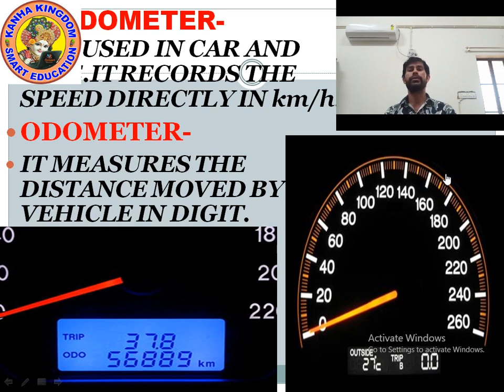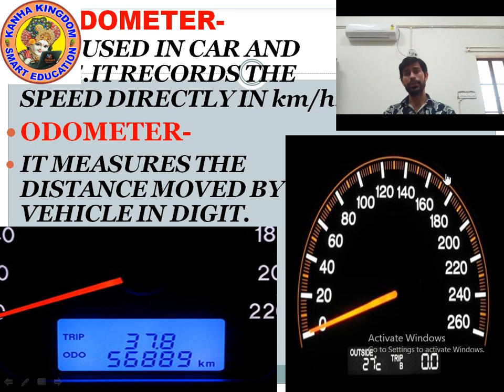Look at the picture. Have you ever seen these 2 meters? Where did you see them? Yes, you must have seen these two kinds of meter in a car or bike. Am I right? These 2 meters are actually the speedometer and odometer. Now the question is, which one is the speedometer and which one is the odometer? Can you guess?